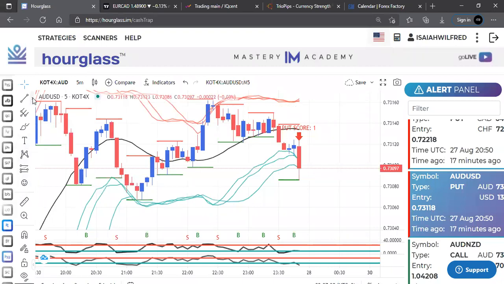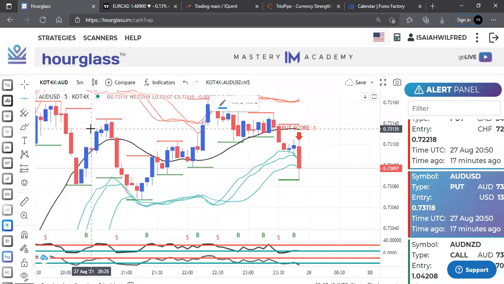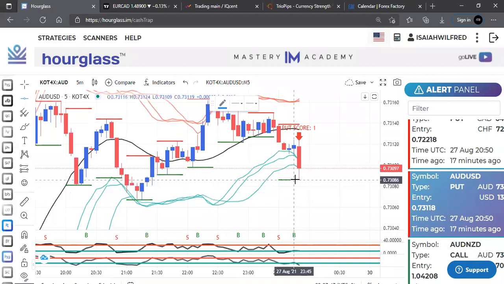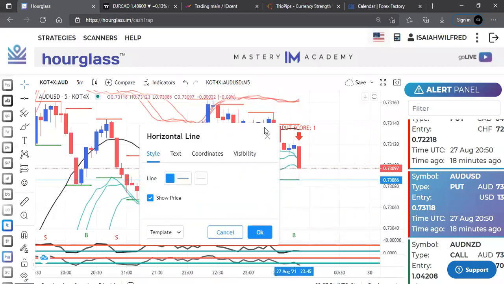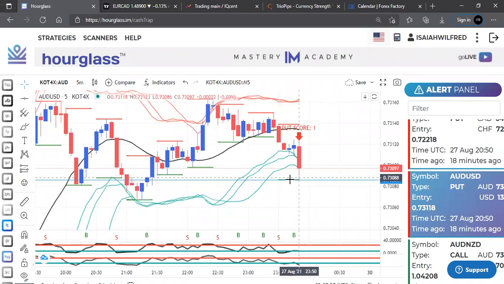You come to the second one and click on horizontal line. Then I click on this green line and it draws a horizontal line there for me. You can see this blue horizontal line. It automatically gives me the entry price, 0.86. It will be my entry.